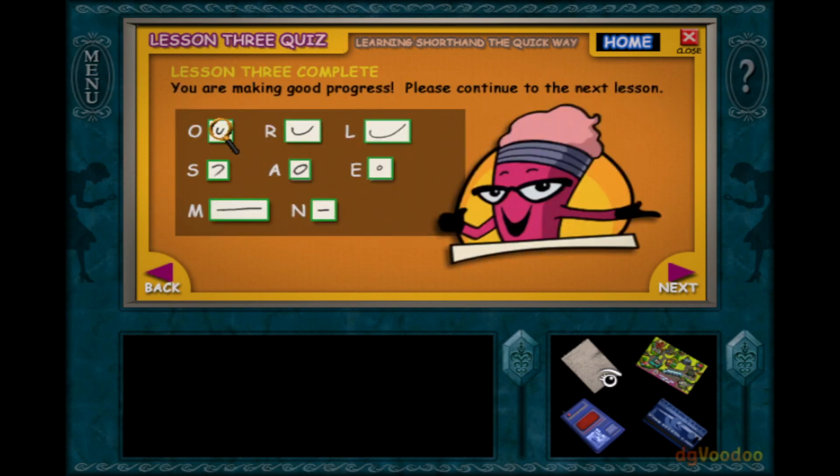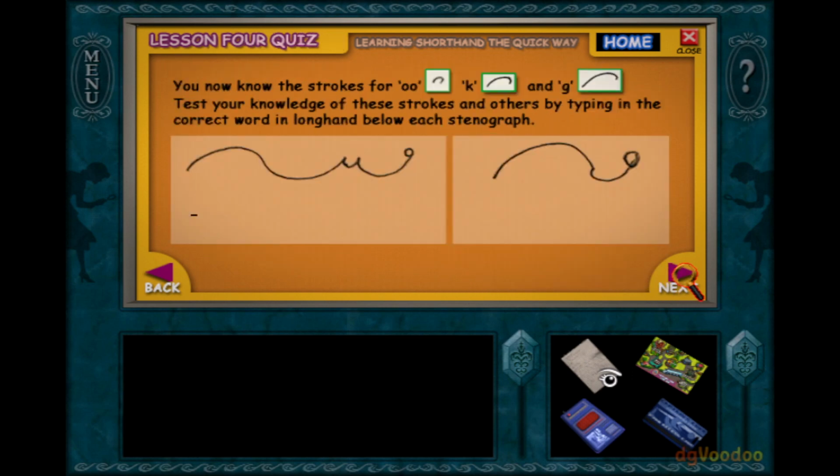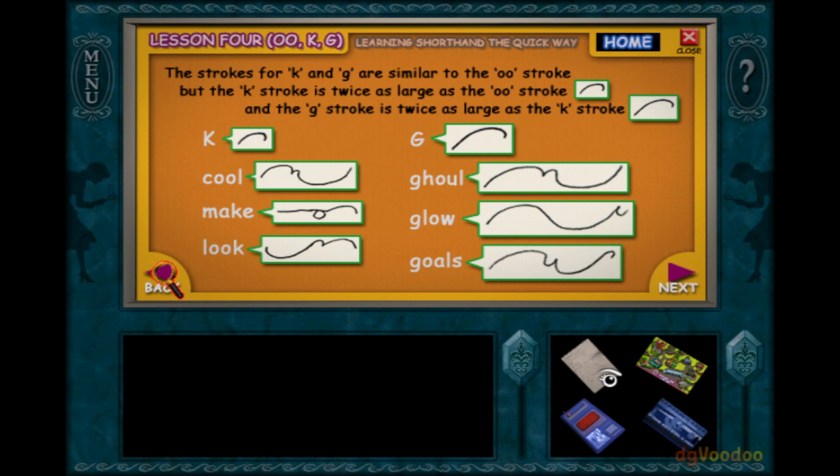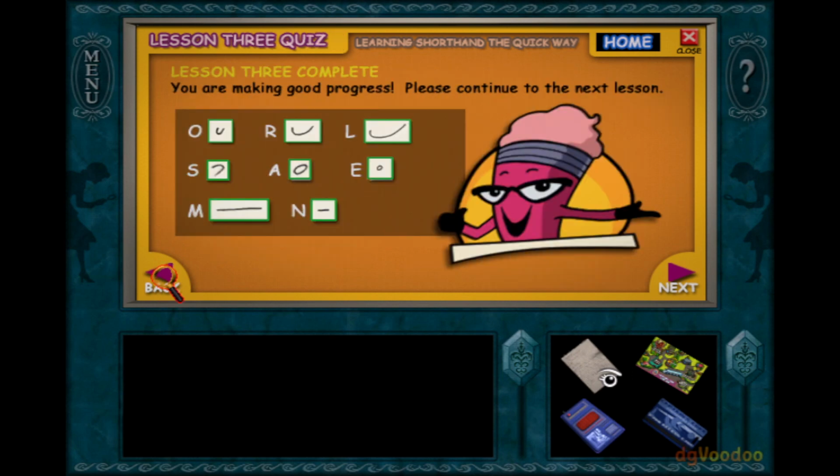So that's O. So glow. So that's glow. What?